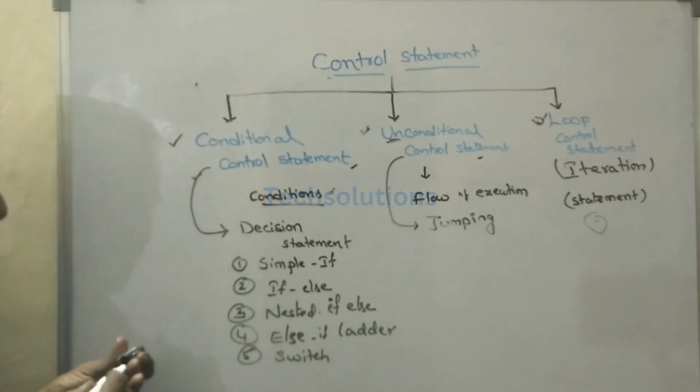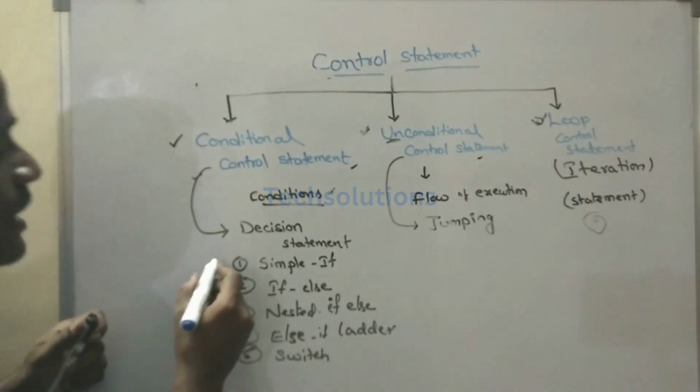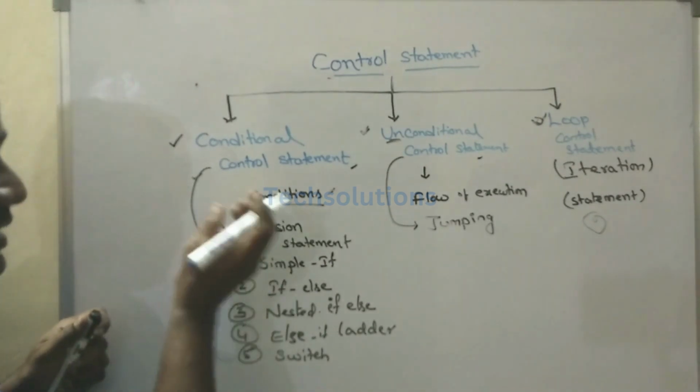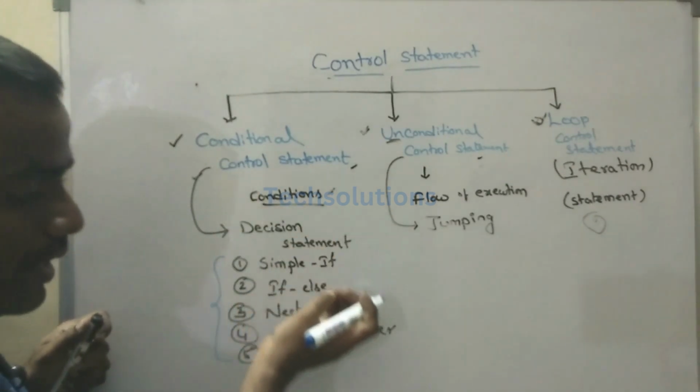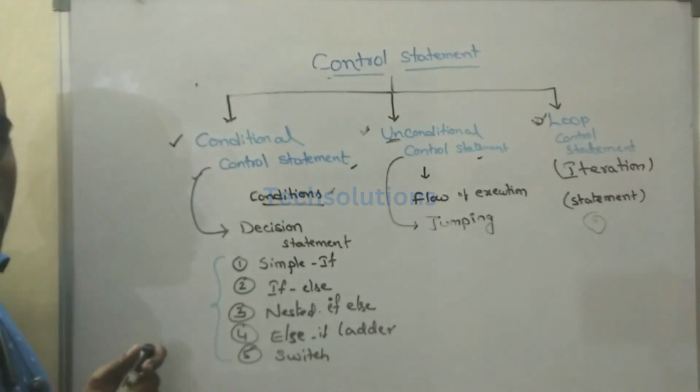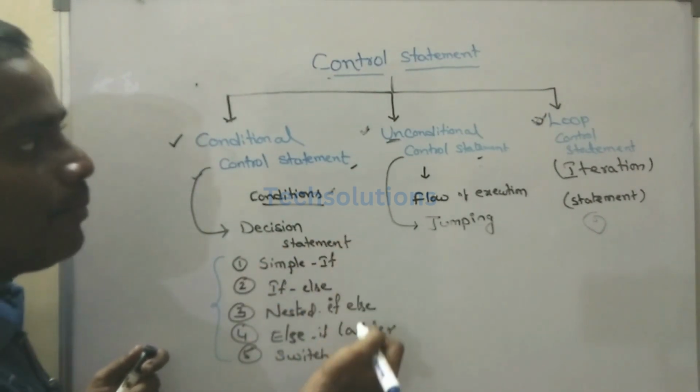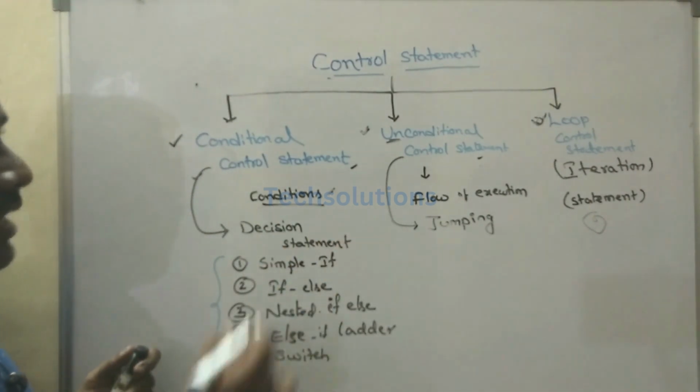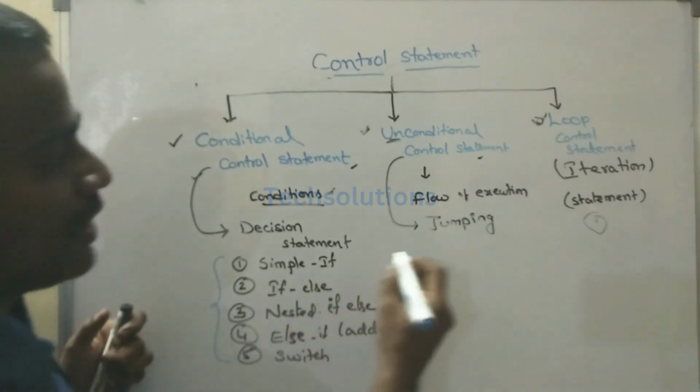Based on some conditions we can control the flow of execution, or execute a particular block of statements. Now what are the unconditional control statements?